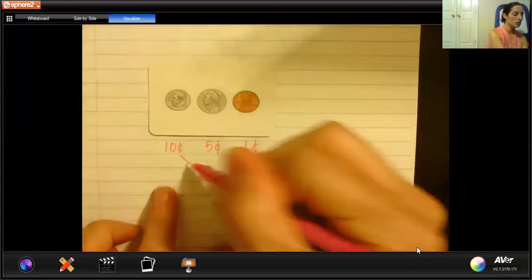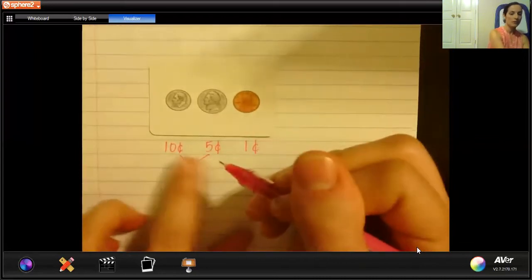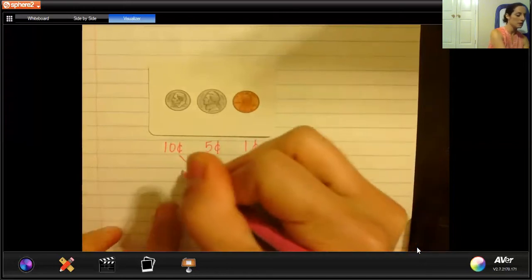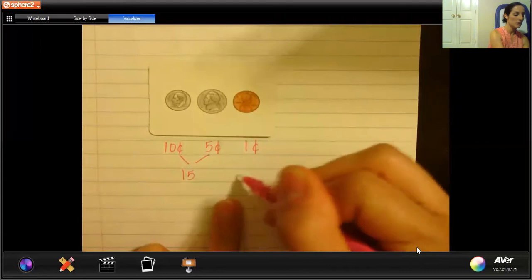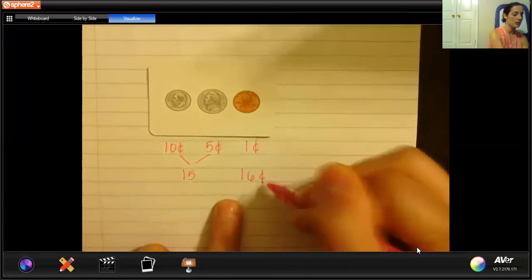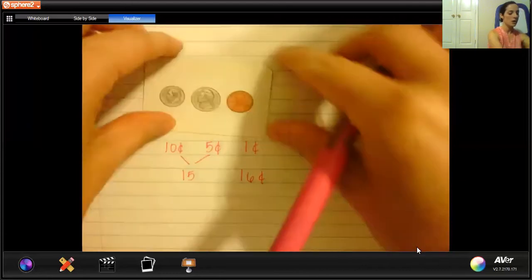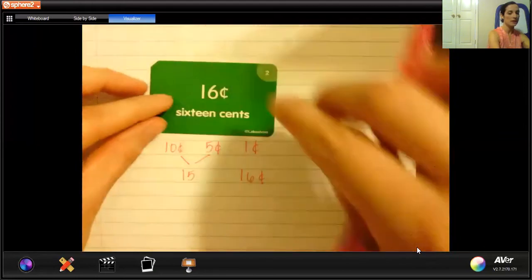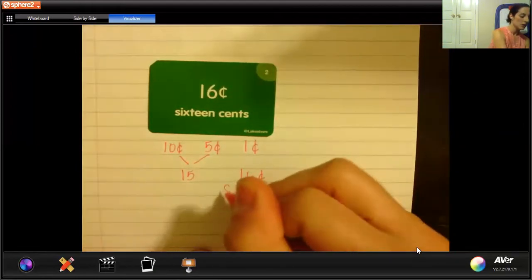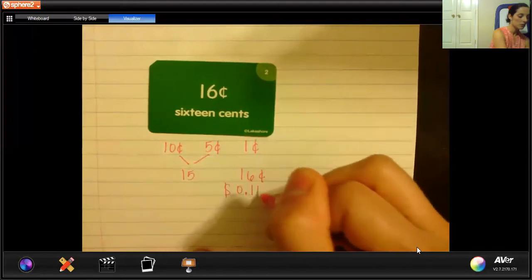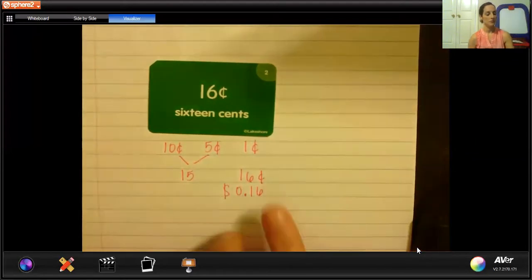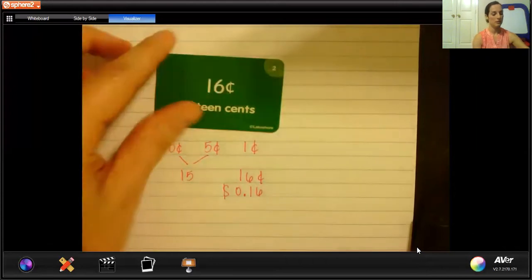So when we're counting by 5, we know that is 15. So that is 15 cents. Or of course, you may write it using your dollar sign and your decimal. So this is the correct way.